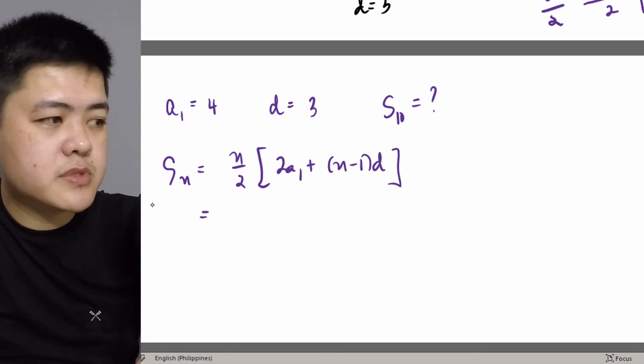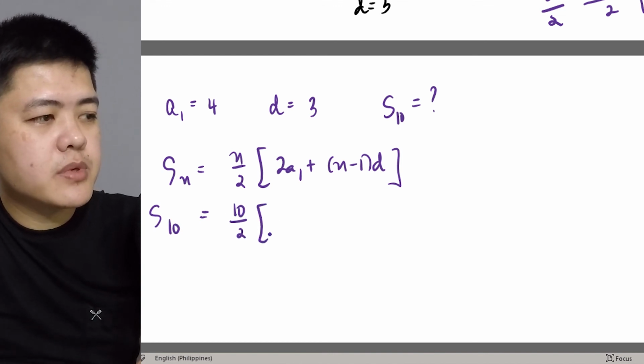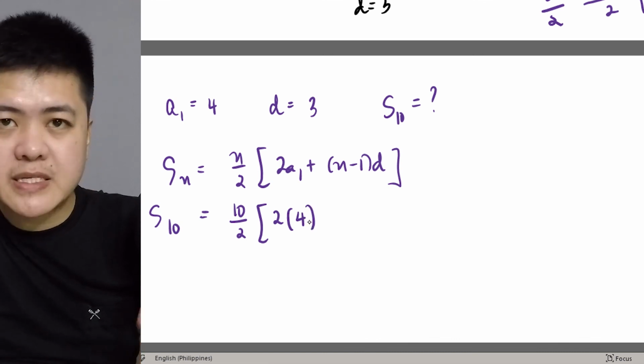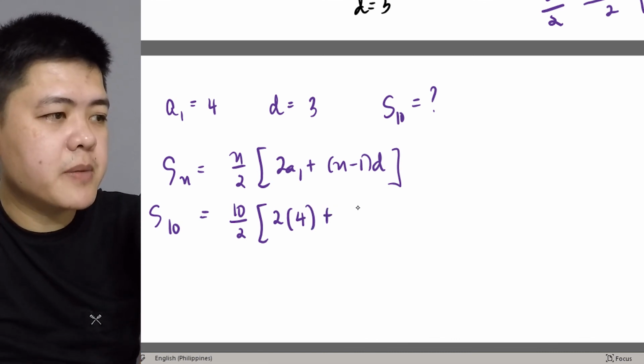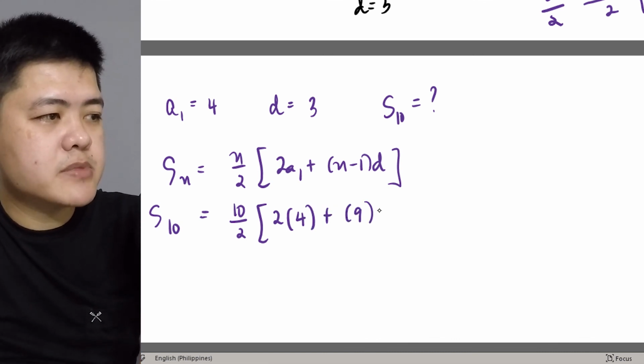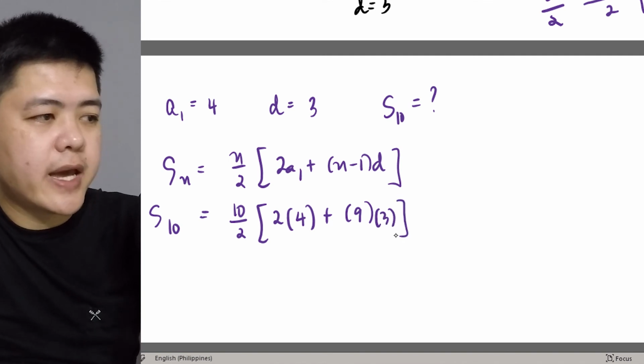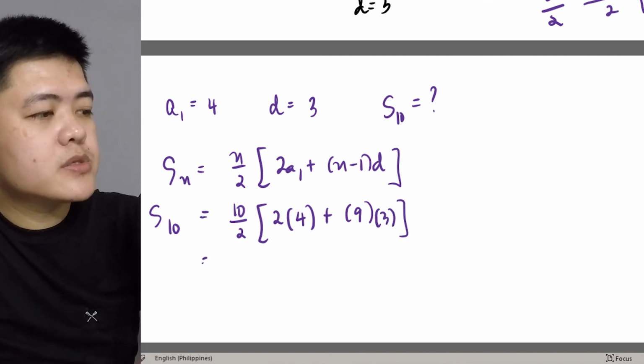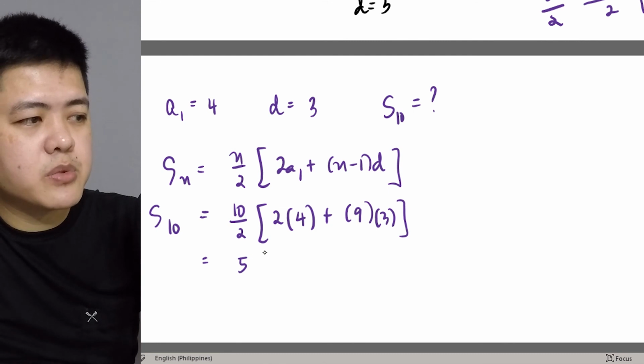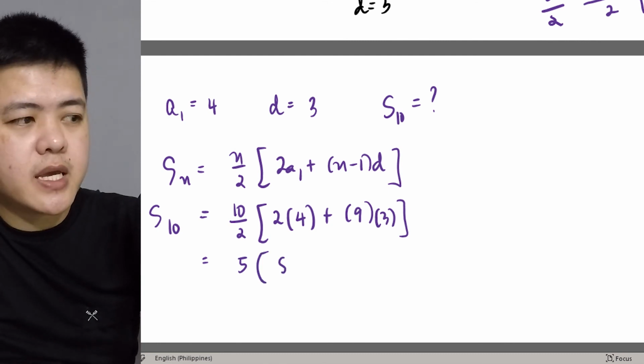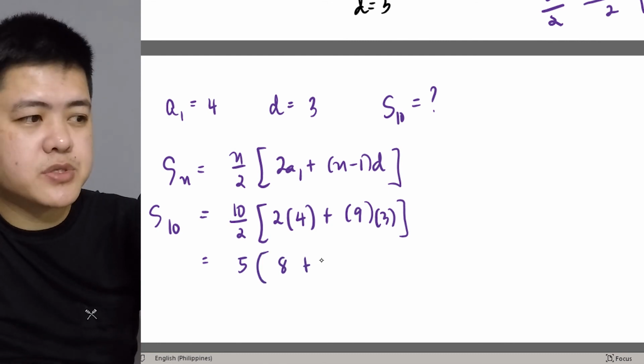And 10 terms, so S sub 10, 10 over 2, 2 times 4, so basically I'm substituting everything in the formula. Get 9 times common difference of 3. 9 because it's 10 minus 1. So 5, 10 over 2. 2 times 4, that's 8, plus 9 times 3 is 27.